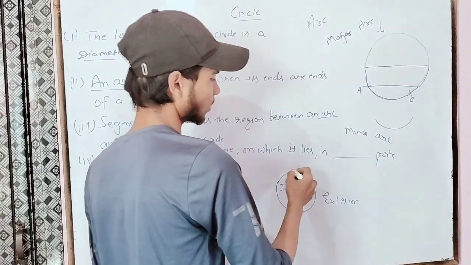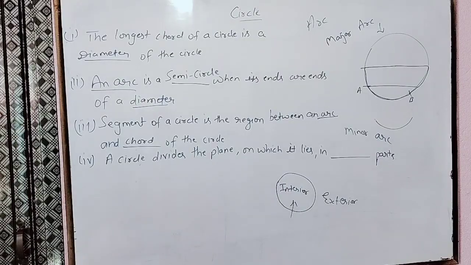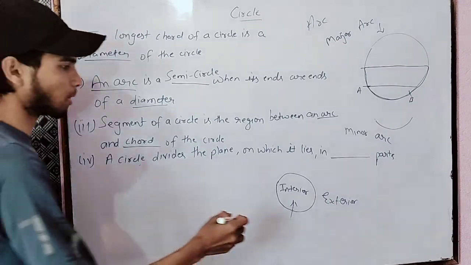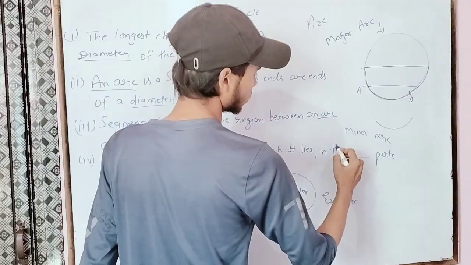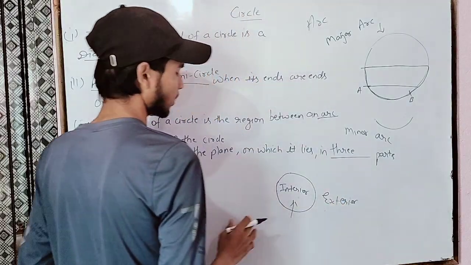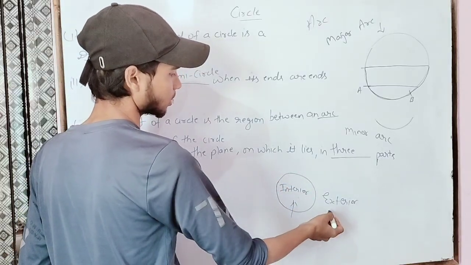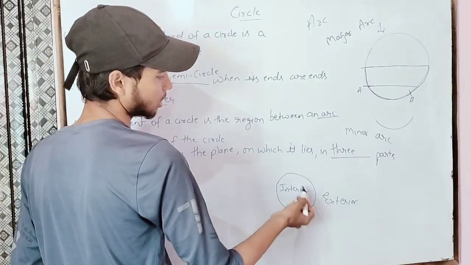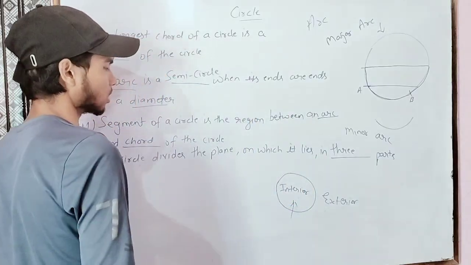And on the circumference is the boundary. So here we have three parts: this is one, this is second, and this is third. This is the inside area of the circle, this is the outside area of the circle, and this is on the boundary of the circle.